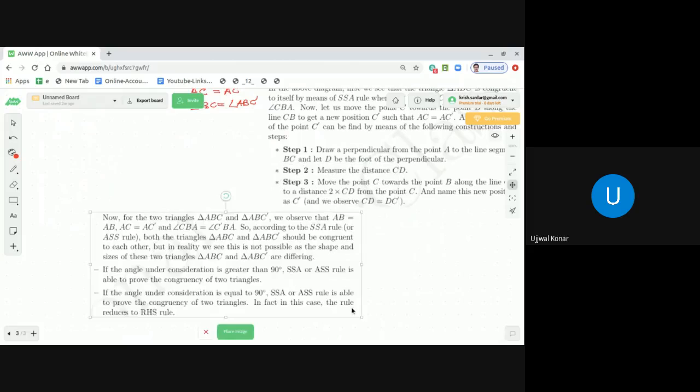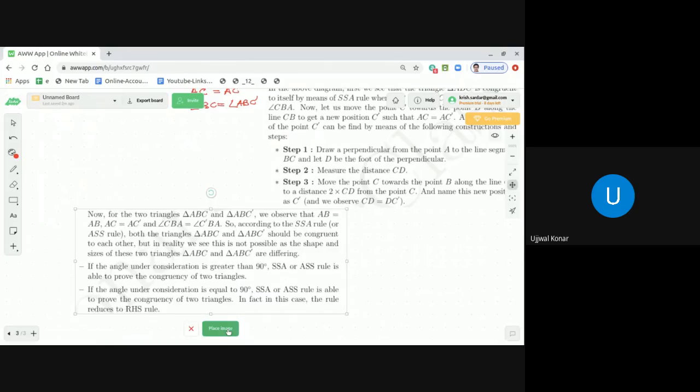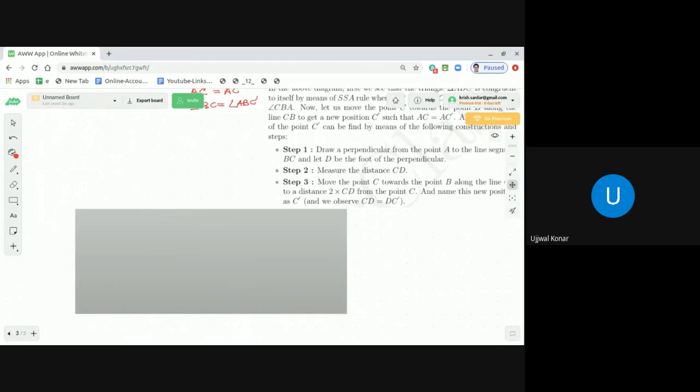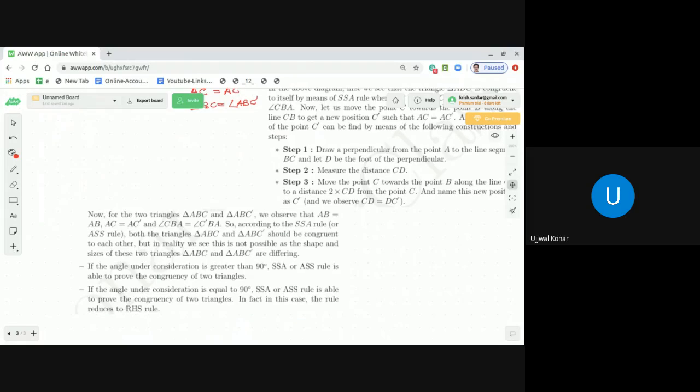Now, for the two triangles, one is ABC and the other is ABC dash, we observe that AB is equal to AB.